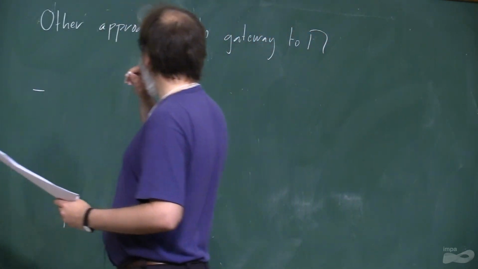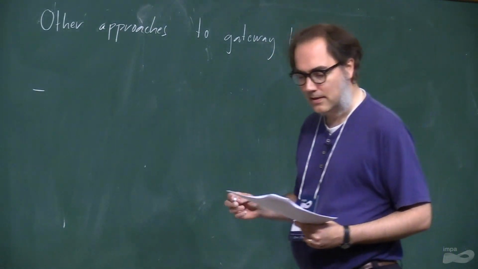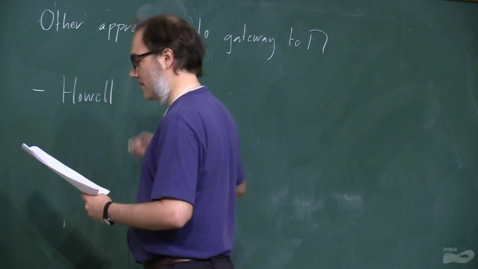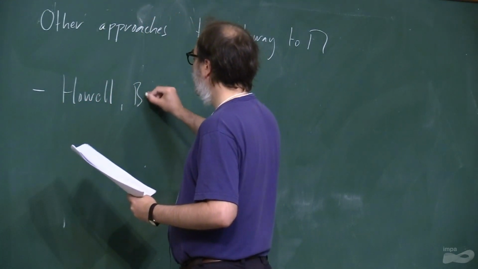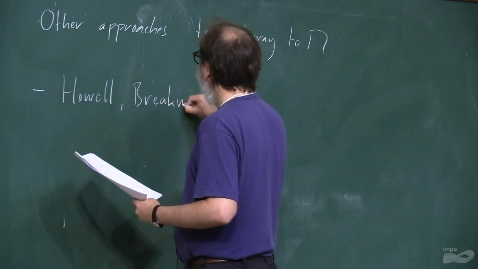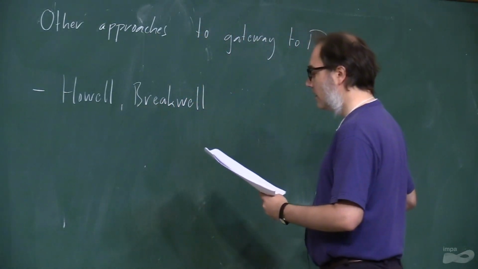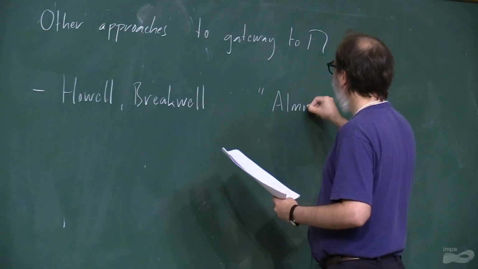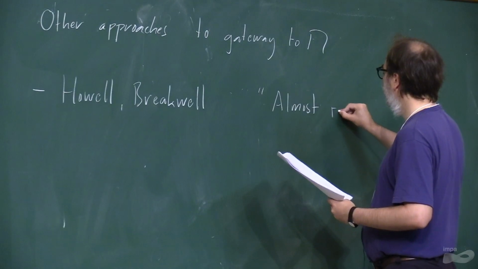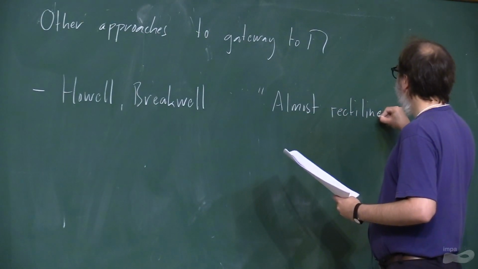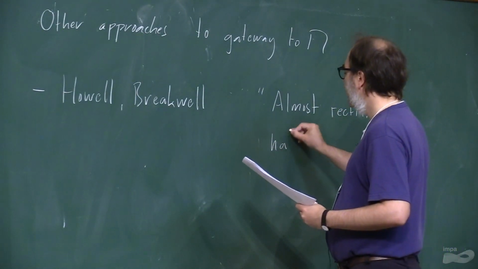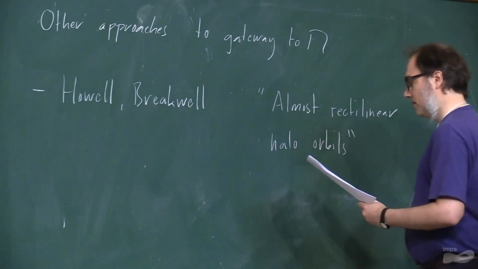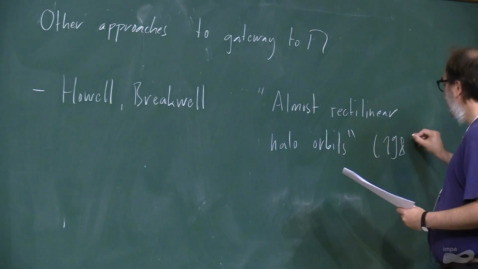So this goes back to a paper by Howell and Breakwell, called Almost Rectilinear Halo Orbits, from 1982.